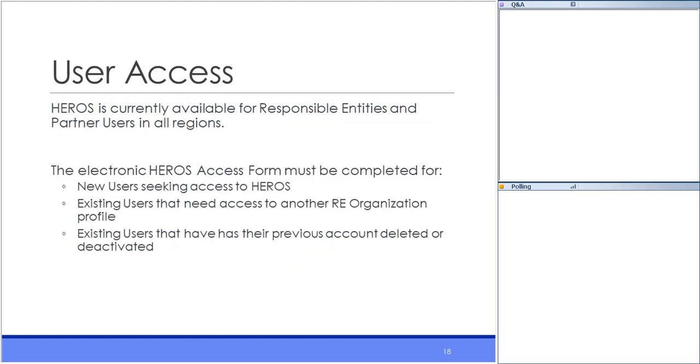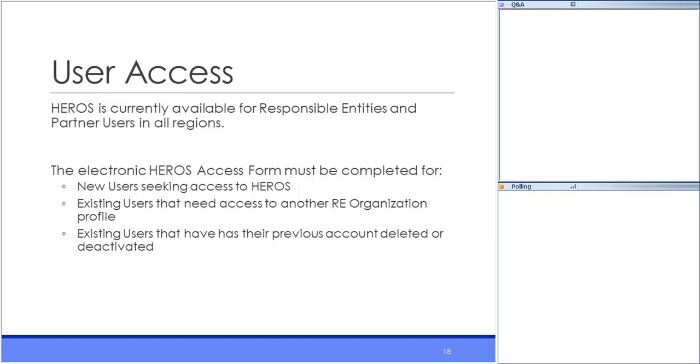So let me pull up the poll. So the first category, I guess we don't need the poll yet. So the first category is on user access. So just a refresher on registering for HEROS. HEROS is currently available for responsible entities and partner users in all regions.